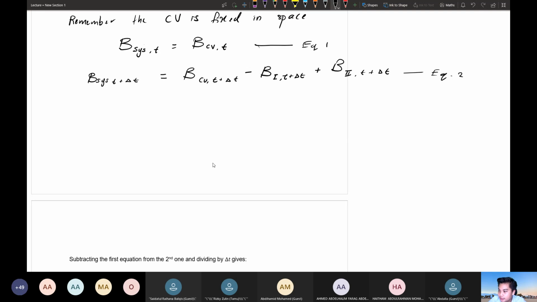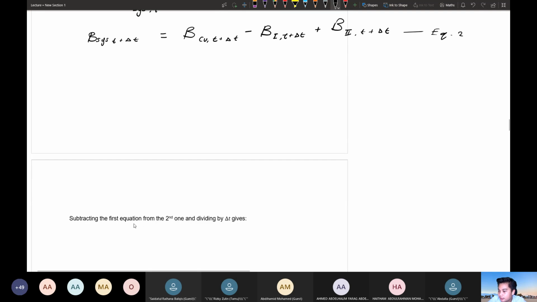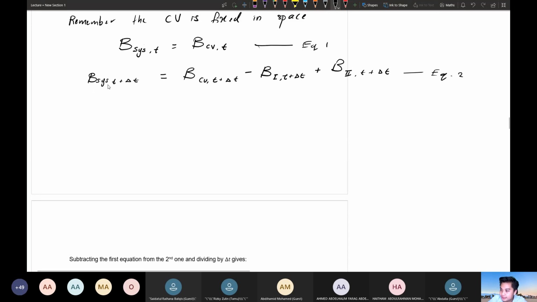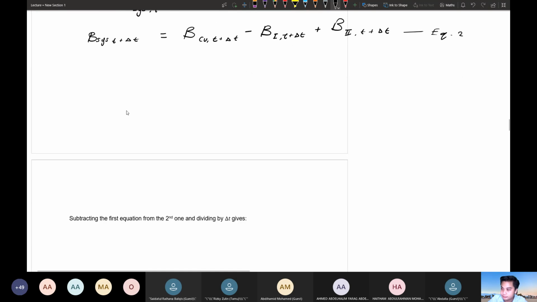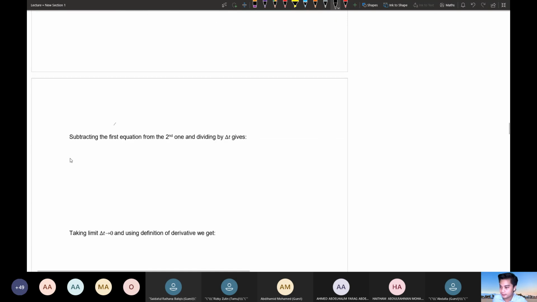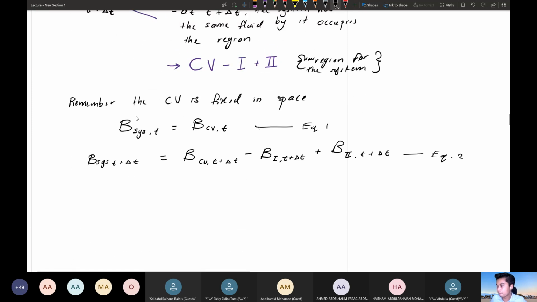So the equation asks to subtract 2 minus 1. So B of the system at t plus delta t, this is from equation 2, minus back this one. You make it like this.